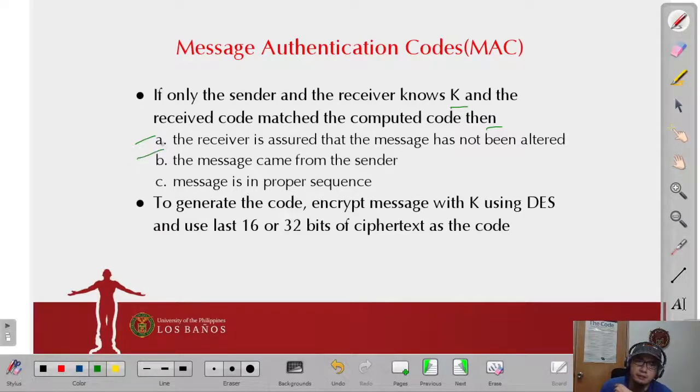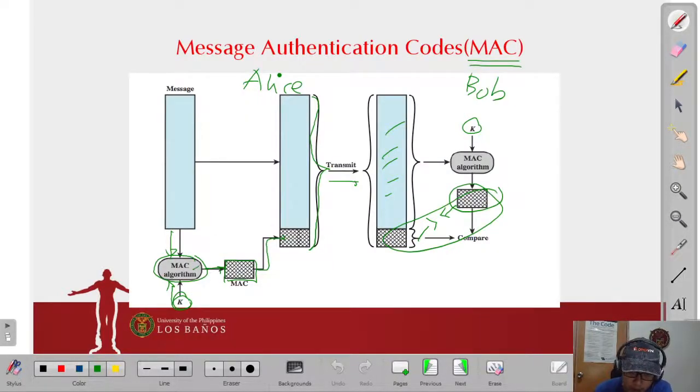The message came from the sender because of K, and the message is in proper sequence, because if embedded in the message is a sequence number, for example for TCP segments, then if the sequence is altered, it will generate a different MAC at the receiver end. So the question now is, what is this MAC algorithm?